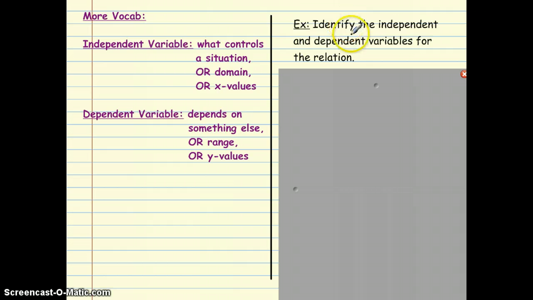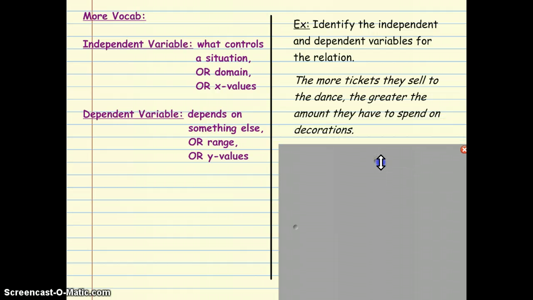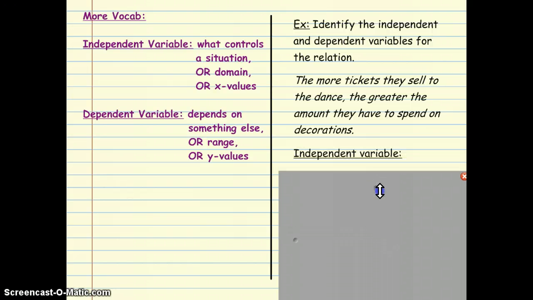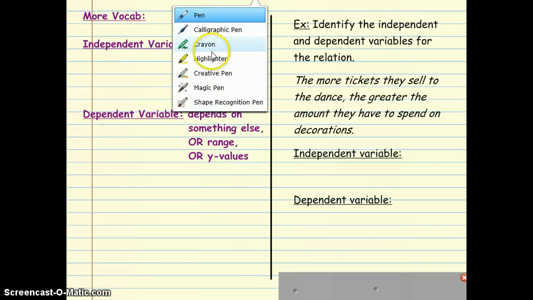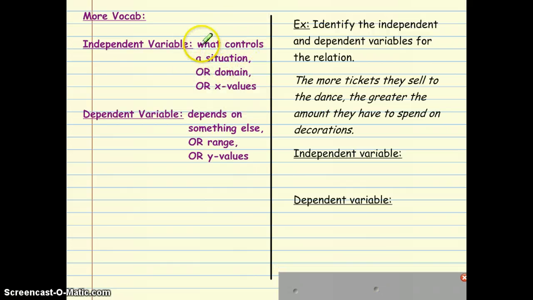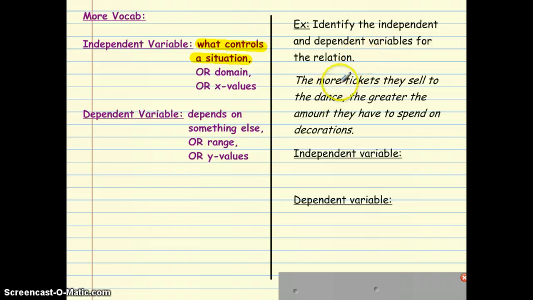So we're going to identify the independent and dependent variables for this relation. The more tickets they sell to the dance, the greater amount they have to spend on decorations. Well, our independent variable, again, is what controls a situation. In this case, what controls the situation is how many tickets they sell to the dance.